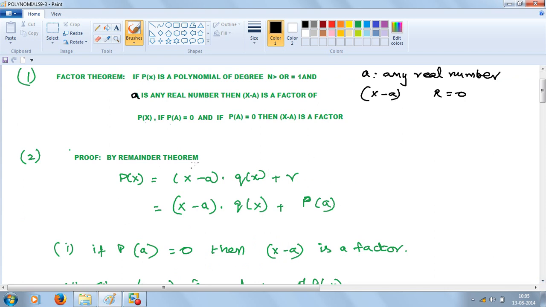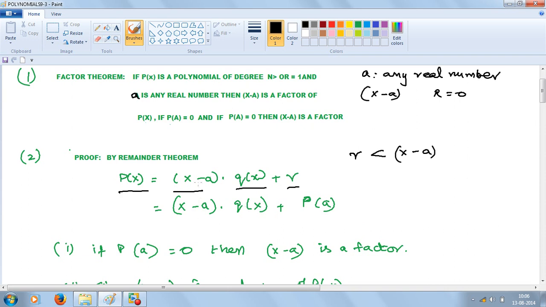Any polynomial P(x) we can represent as x minus a multiplied by some quotient, plus something remaining, r is the remainder. So what is the value of r? The degree of r will be less than that of x minus a. By the remainder theorem, the remainder is P(a).